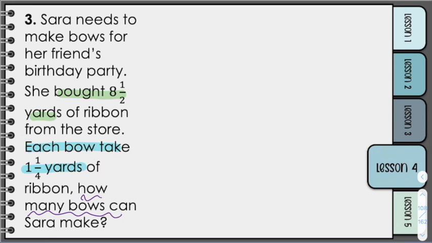All right, so if we have a total of 8.5, you want to split that up into 1 1/4 yards. We're going to KCF, because we're dividing fractions. You're going to get 17/2 multiplied, and if this 1 1/4 is 5/4, you're going to flip it and say 4/5.